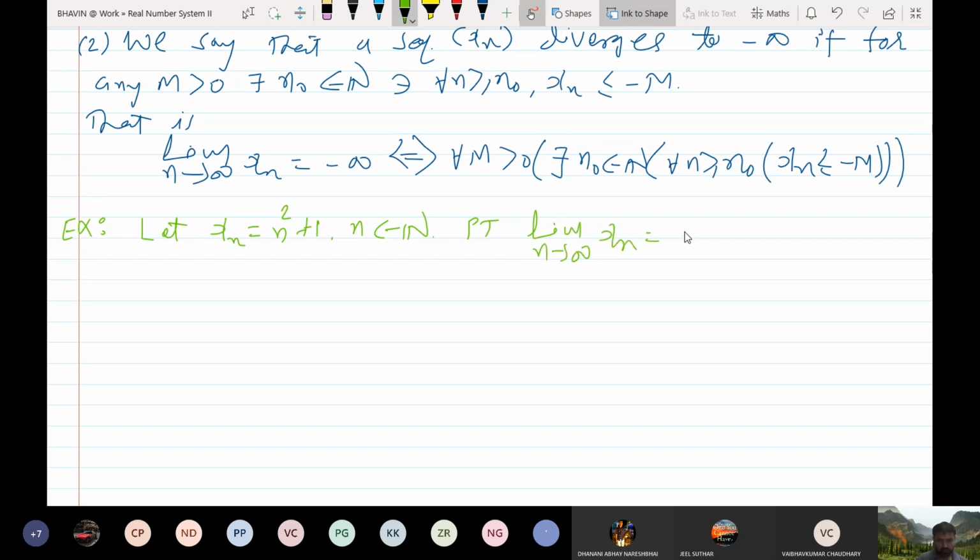Prove that xn diverges to infinity. This was asked in the Gujarat University examination, November 19. It was for only 2 marks.